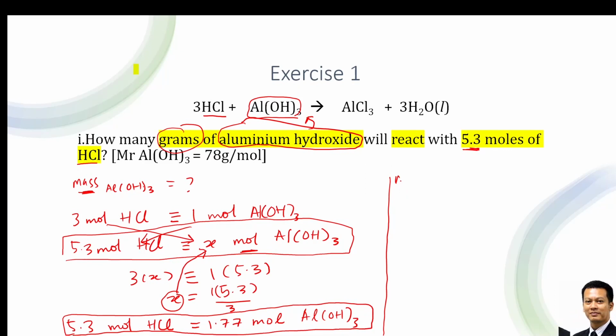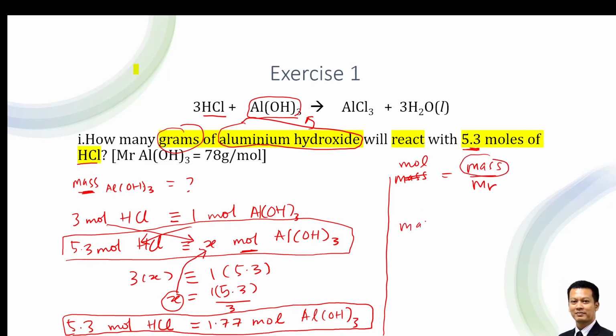Mole is actually mass over Mr. So you are looking for mass. So mass is mole times Mr. The mole we already found out here.